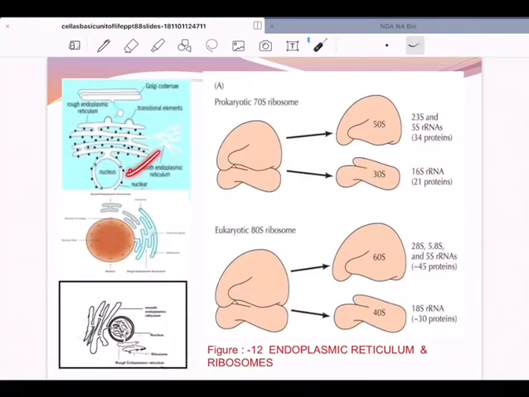Now look at this diagram. This is the nuclear membrane, and this is the plasma cell membrane. Now you can see the extensions clearly. The nuclear membrane is getting extensions and forming tubules or tubulets. Here also you can see these are called cisternae.